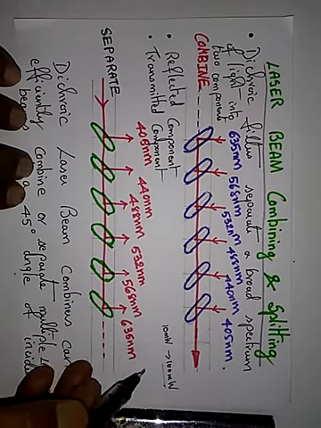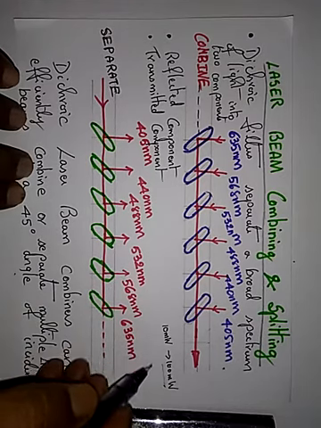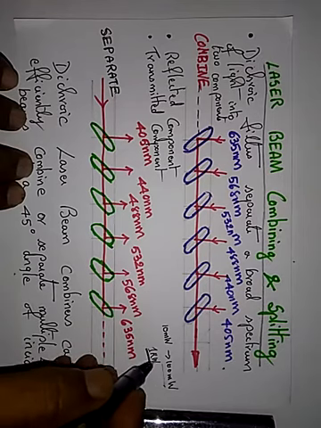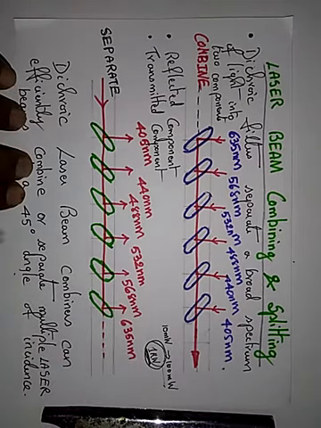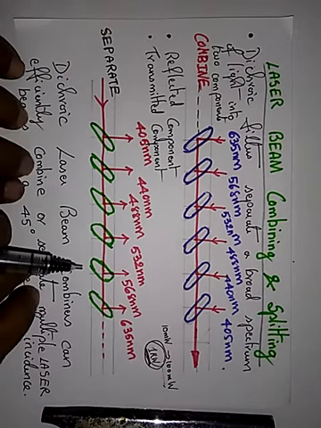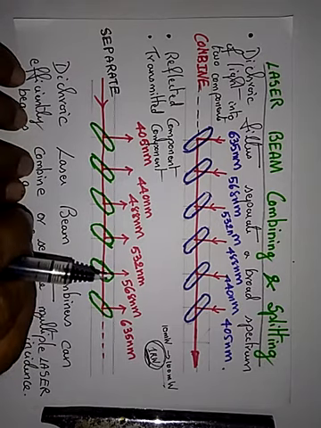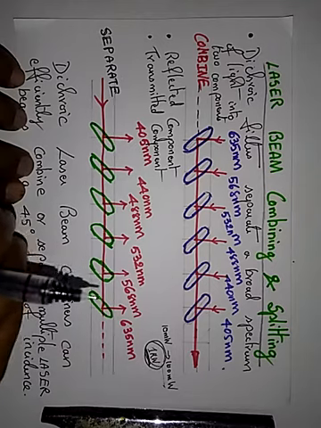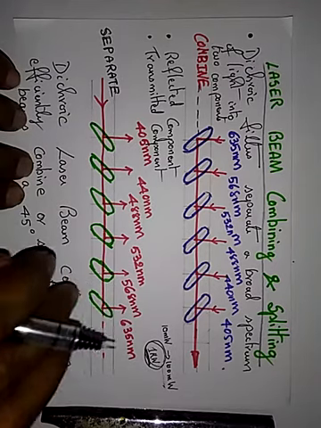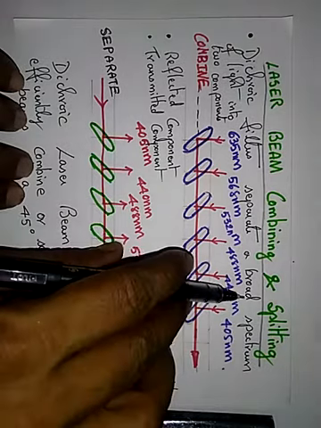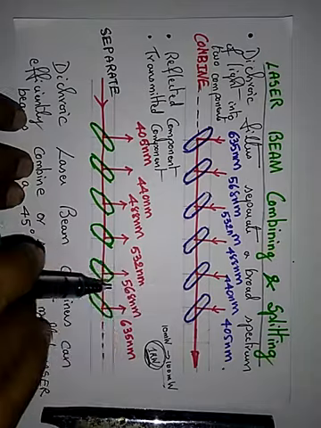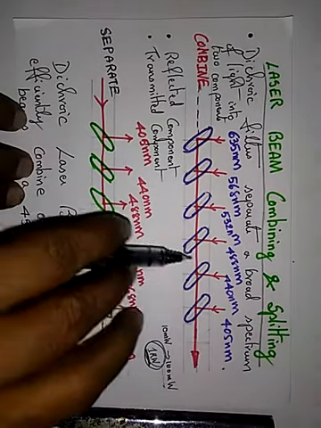Because in the present day we need 1 kilowatt, that is 1000 watt of power, as a minimum for laser cutting of metals. So in that case we should go for laser beam combining, or in fact any photonic beam combining. And if you want to split, then we can do splitting of different wavelengths or dividing of power.